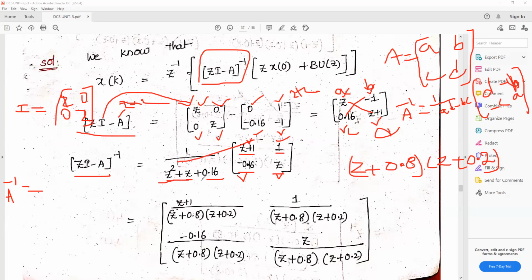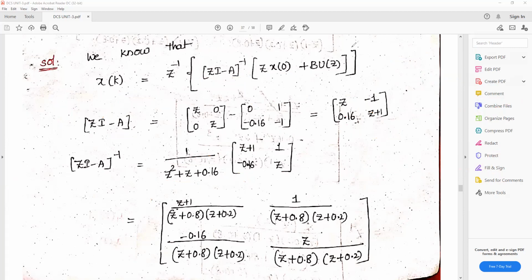So z square plus z plus 0.16 is z plus 0.8 into z plus 0.2. The first term is z plus 1, and the other terms are 1, minus 0.16 and z. So next, what is the formula? (zI minus A) whole inverse into z into x of 0 plus B into u of z.